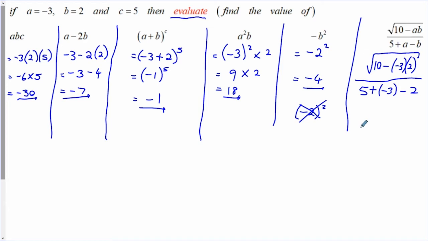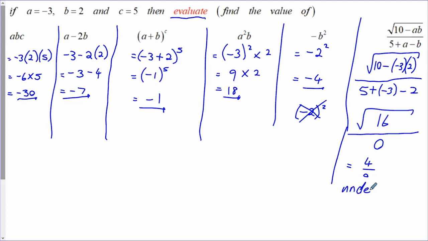And so on the numerator, I end up with the square root of 10 plus 6, which is 16. Square root of 16 is 4, but that's actually unimportant because on the denominator I end up with 0. And remember that anything divided by 0 is undefined. If the 0 is underneath, the thing is undefined. Underneath, undefined.